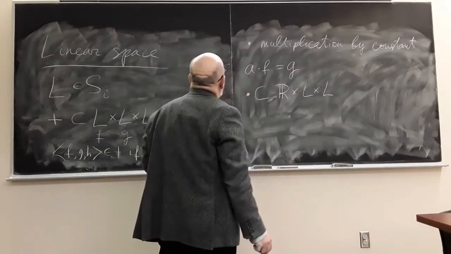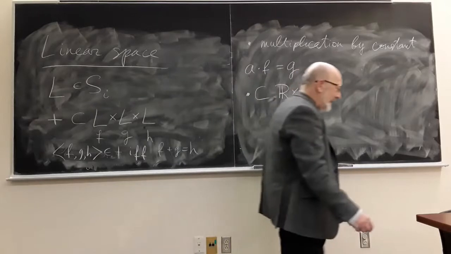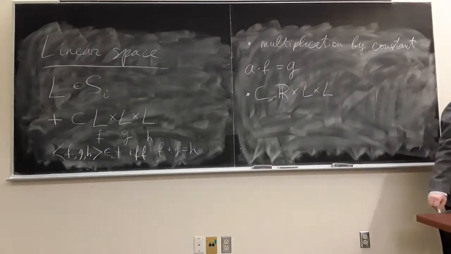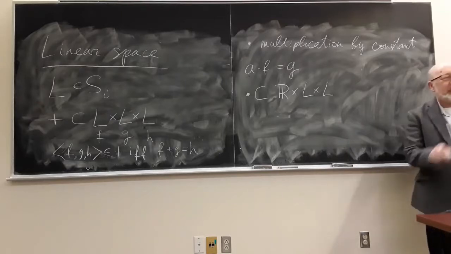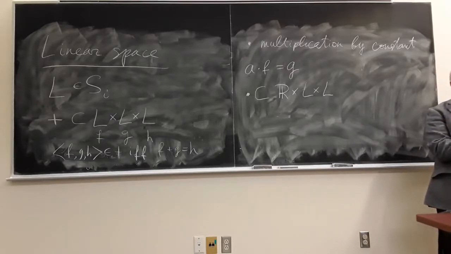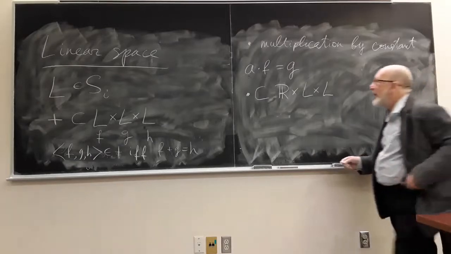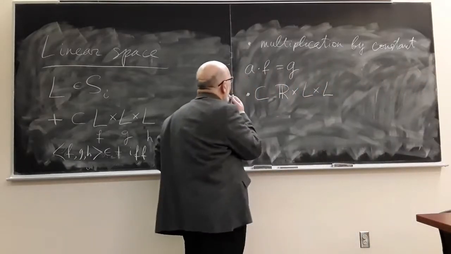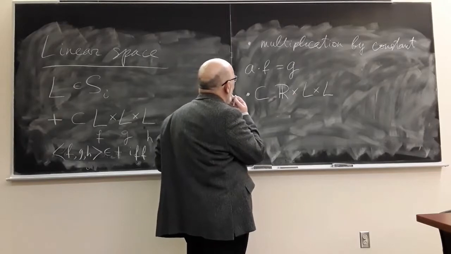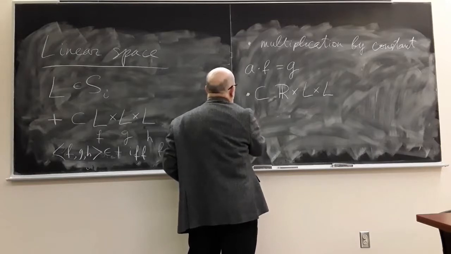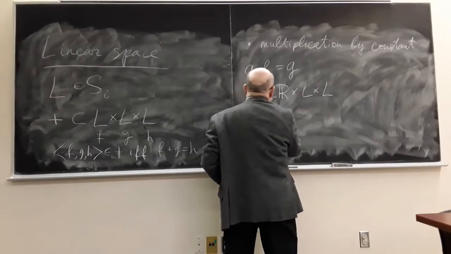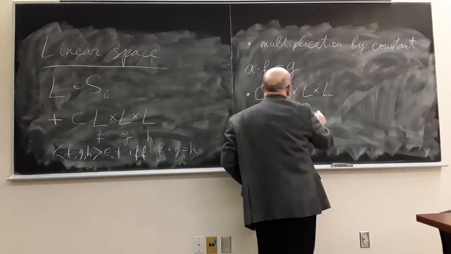Now we have other operations here, namely scalar product, if we consider Euclidean space. Scalar product, how to denote it? Let us denote it by dot in a circle.